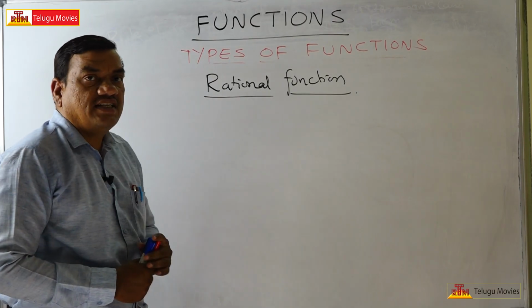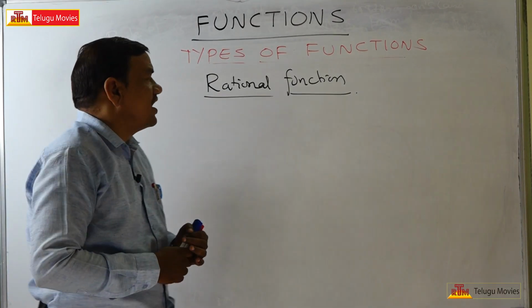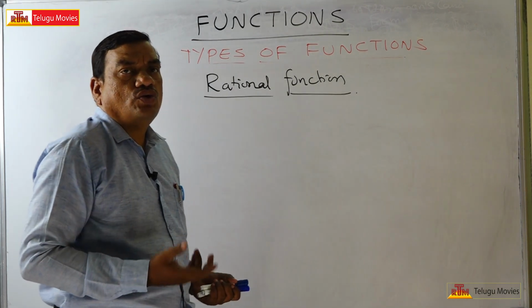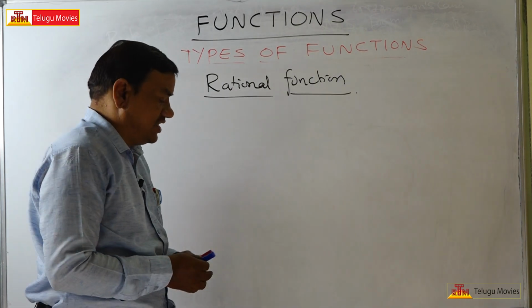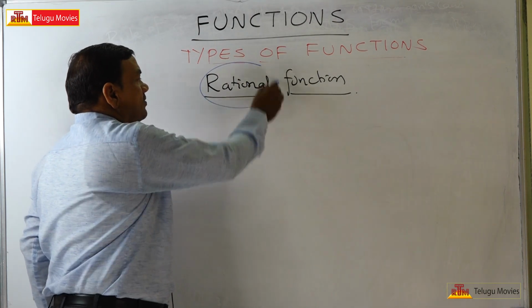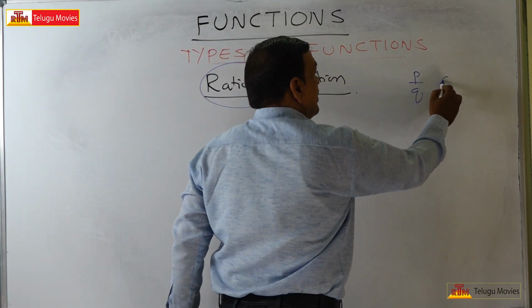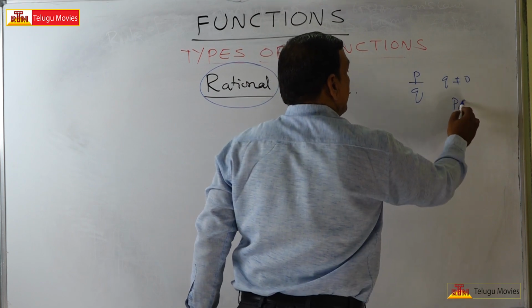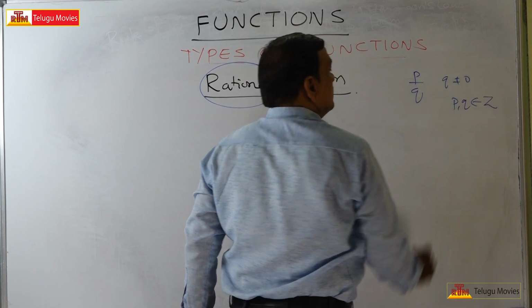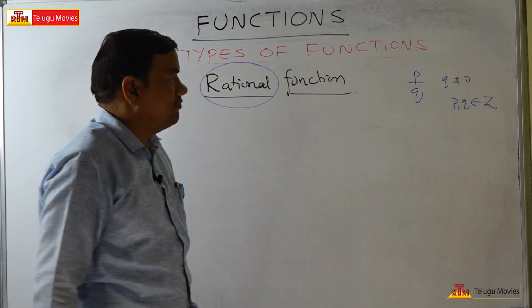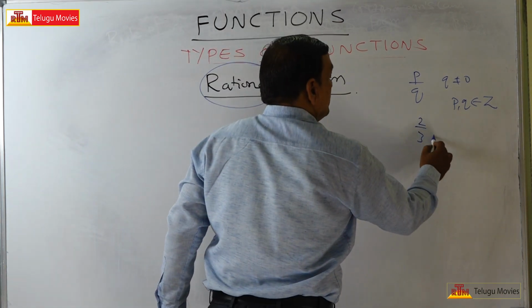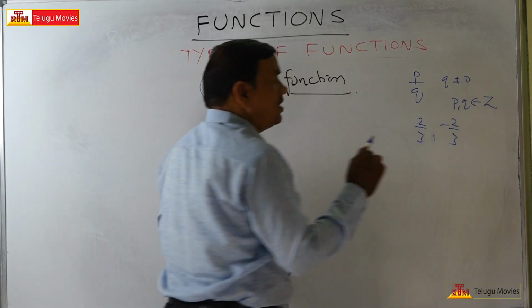Dear students, let us learn one more function, that is a rational function. Okay. So, to know about rational functions, let us learn what a rational number is. Any number of the form p by q, where q is not equal to 0 and p, q are integers, is called a rational number. For example, 2 by 3, minus 2 by 3, all are rational numbers.